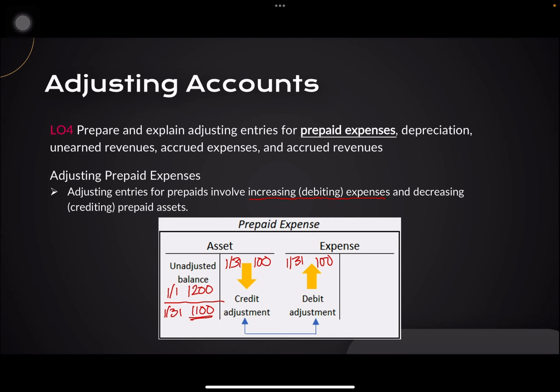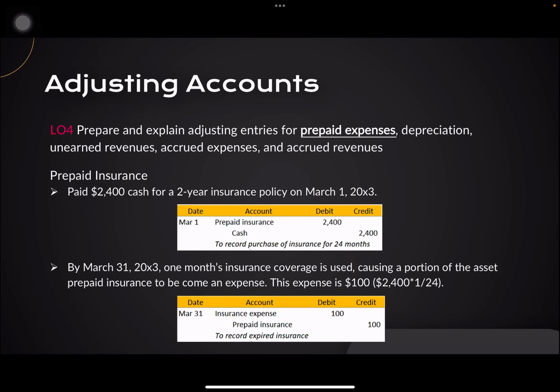And the final question that you may be anticipating is, how much was the expense that you incurred during the month of January? Then the answer there would be $100.